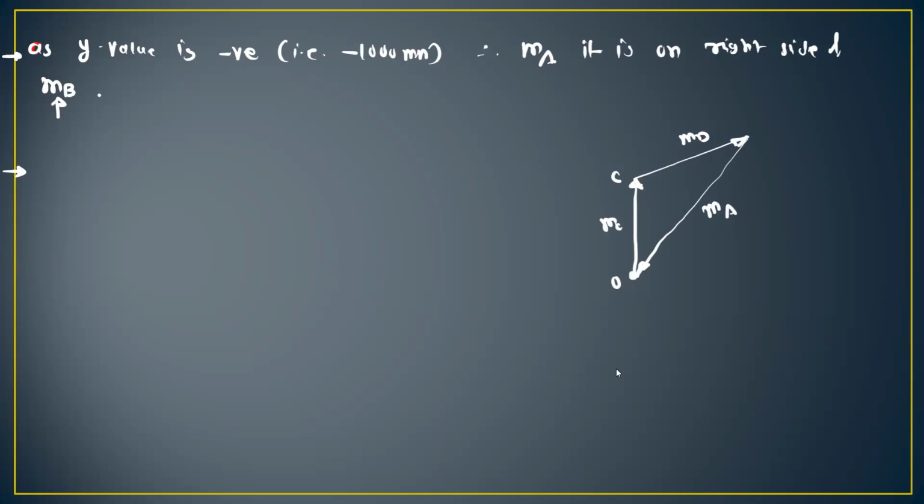Okay, and if you refer to the angular position diagram, in the angular position diagram, the direction of the mass D is on the left side. But in this couple polygon diagram, the vector for mass D is on the right side. Okay. So this is also negative.